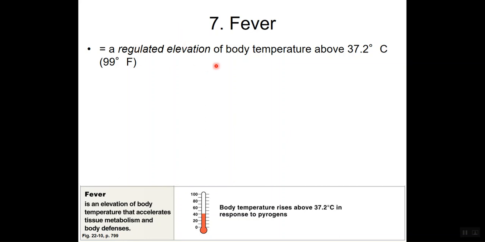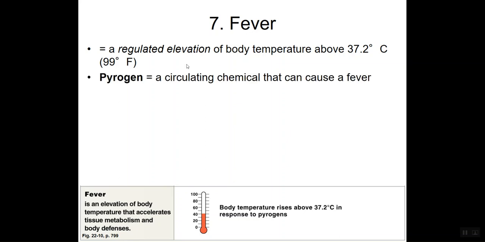So that causes your temperature to rise because your body thinks that you've got to get up to this new normal that your hypothalamus has set. And the chemicals that tell the hypothalamus to start a fever process are called pyrogens. I love this term.